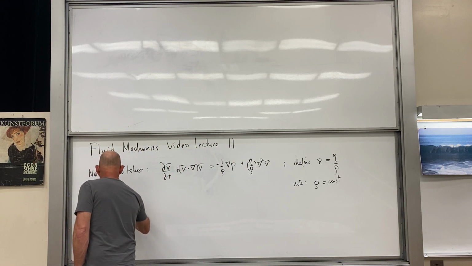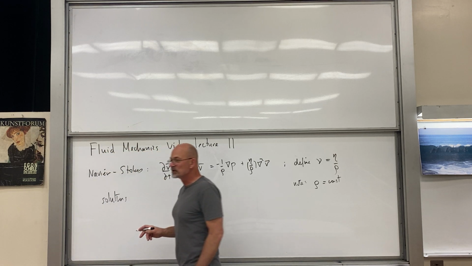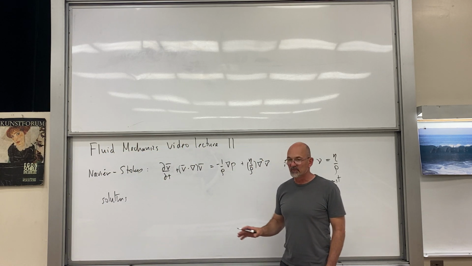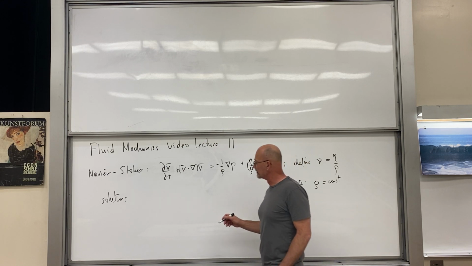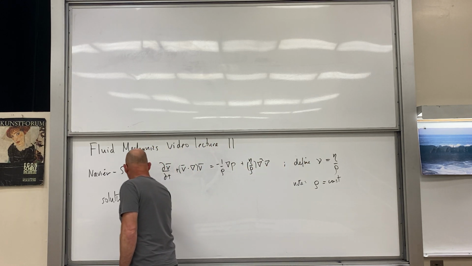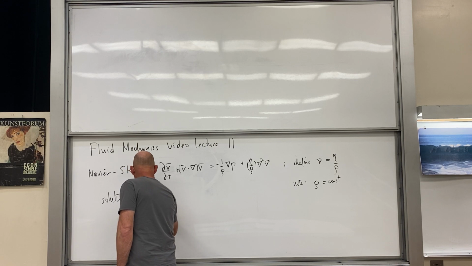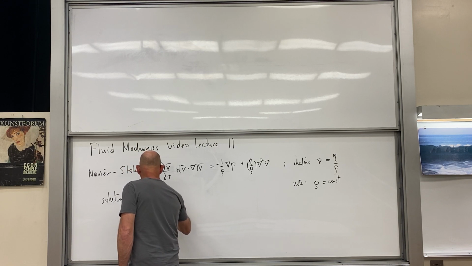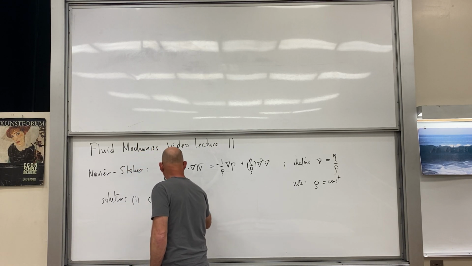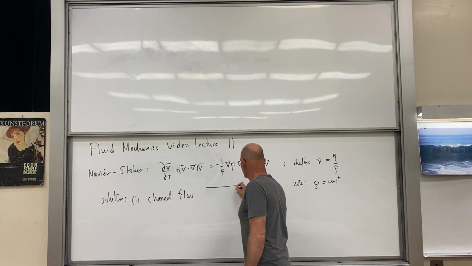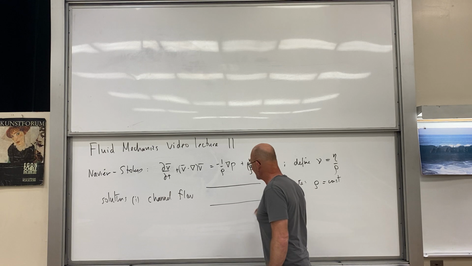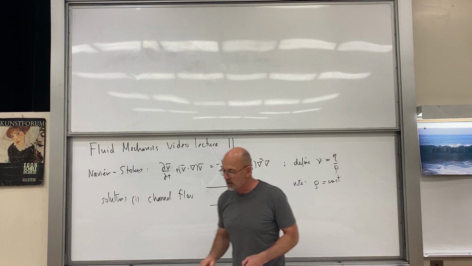Let's just mention the solutions that we have, and then I'll mention some solutions I have in my notes that we're not going to do, but they're also important. So the first solution was the channel flow. And the thing about it is that you get the parabolic velocity profile.